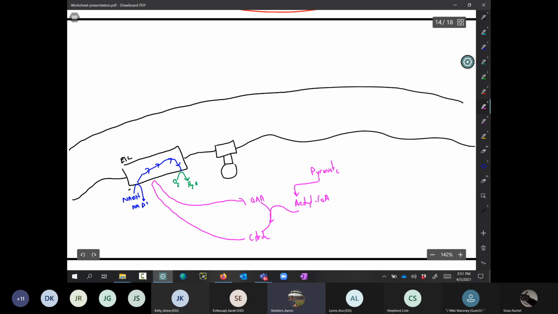There we go. We will also put the protons being moved through this and then back through this to make ATP. So that's everything that we talked about in lecture 9, diagrammed once again.